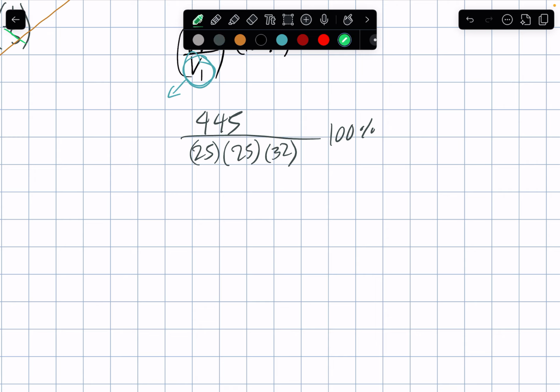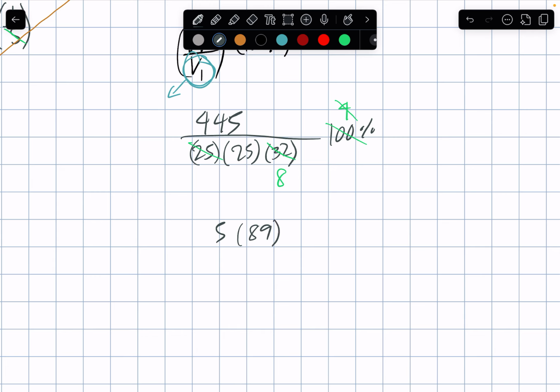How can we simplify this? 445, 10 times 45? No. 589.